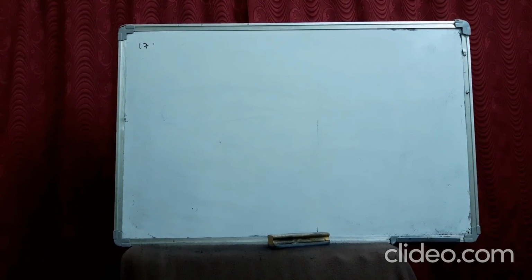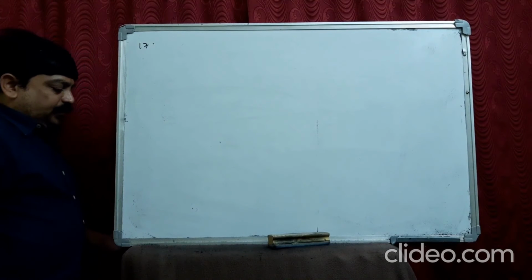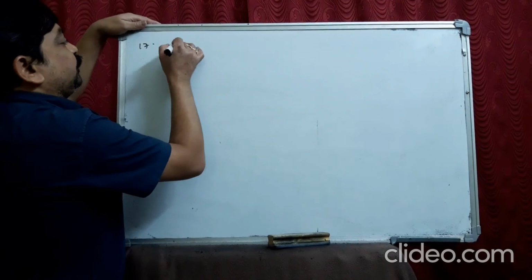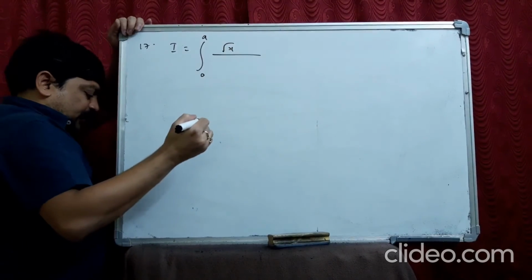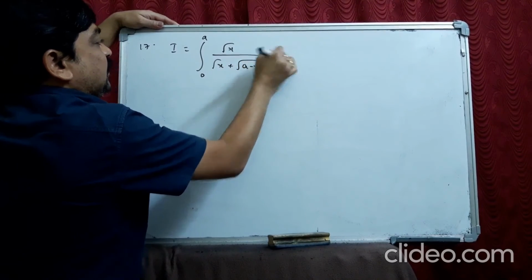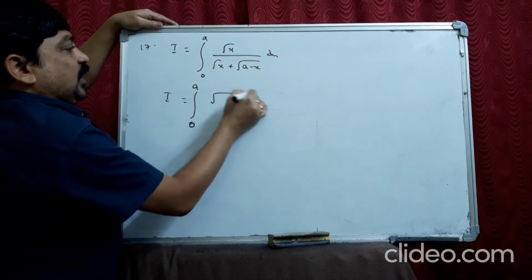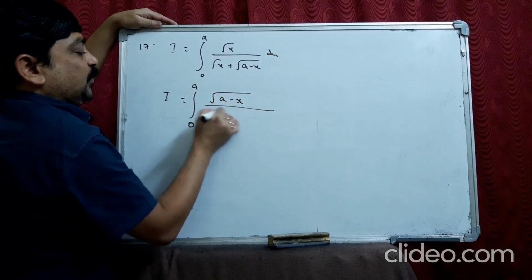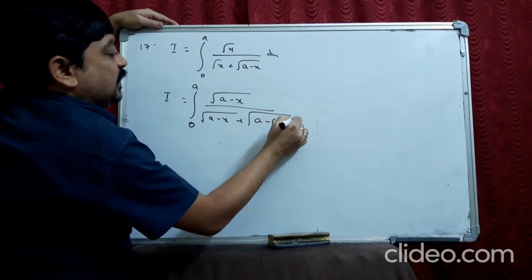See the 17th question. Integration 0 to a root x by root x plus root a minus x dx. Let's apply the property: in the place of x I write a minus x, so root a minus x by root of a minus x plus root of a minus of a minus x dx.